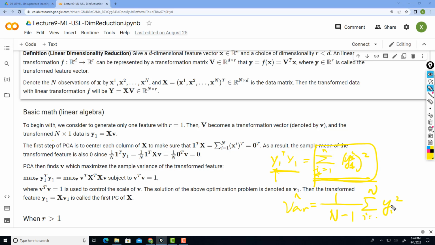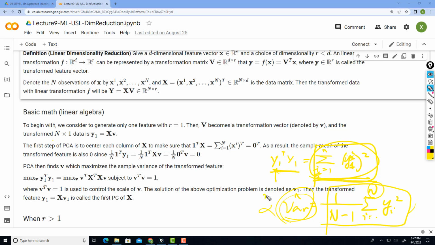Here y is the random variable, and y_i is the sampled realization. You sample it n times and try to estimate the variance of this random variable. The unbiased estimate of the variance is 1 divided by n minus 1 times the summation of the squares. The principal component scores are the realizations of your random variable, and this is proportional to the variance estimate.